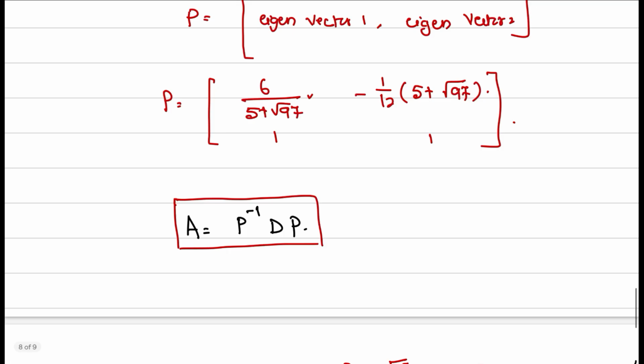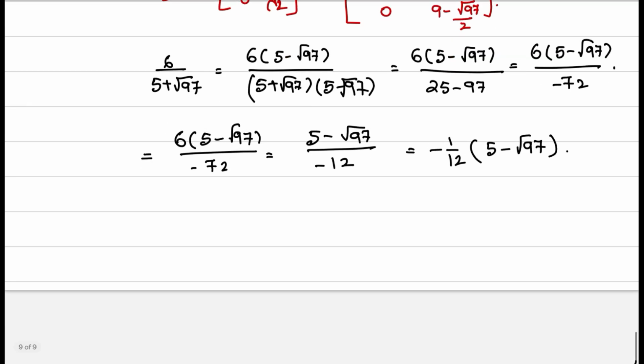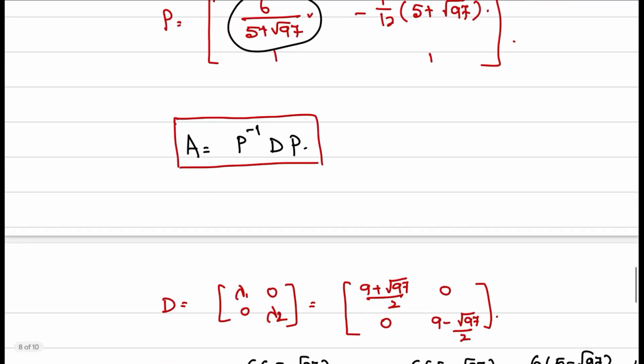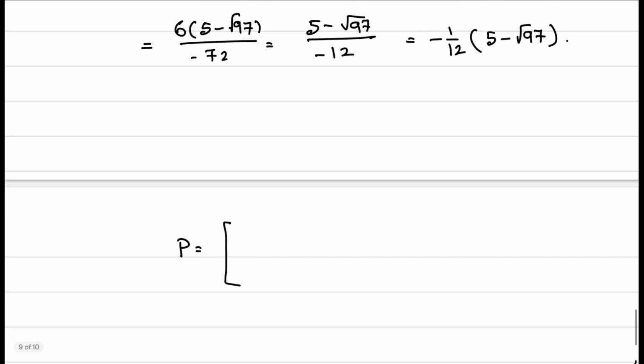You can replace this with the value which we have found, so that ultimately the answer is P is equal to minus 1 by 12 (5 minus square root of 97), minus 1 by 12 (5 plus square root of 97), 1, 1. This is the P value.